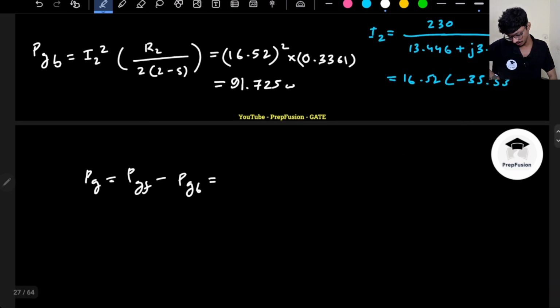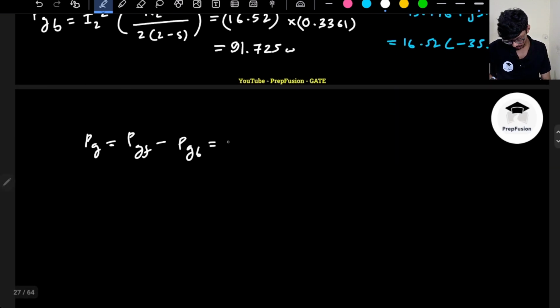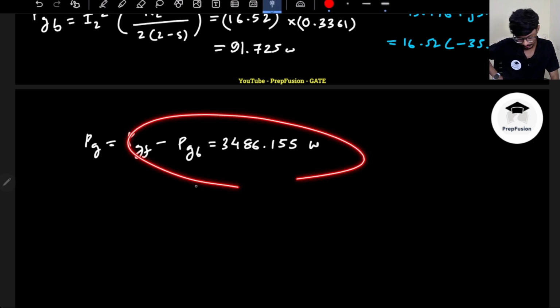So overall air gap power comes out to be 3577.88 minus 91.725, so it comes out to be 3486.155 watts. So this is the overall air gap power.